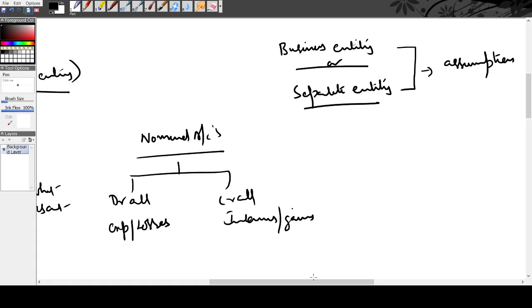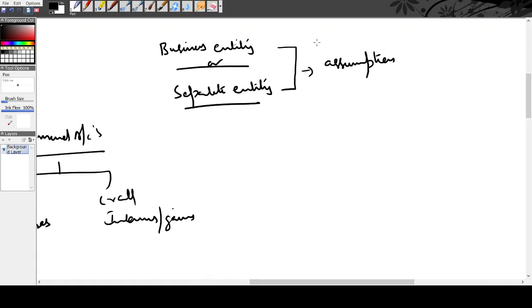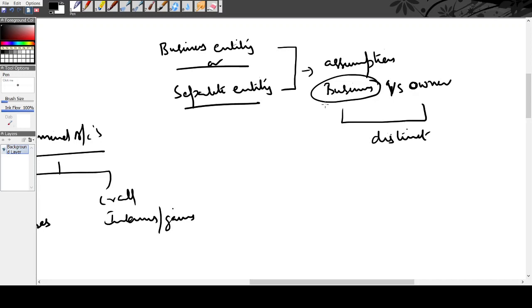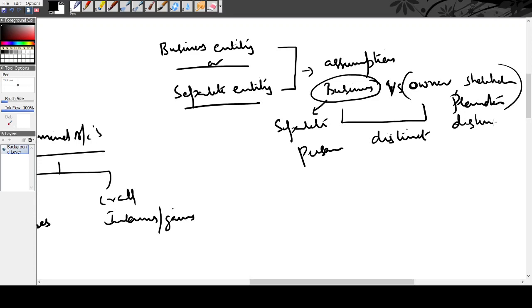The assumption is business versus owner of the business. We consider them as distinct. The business is a separate person. Owners, shareholders, promoters, the people who own the business, they are also distinct. That means they are different.